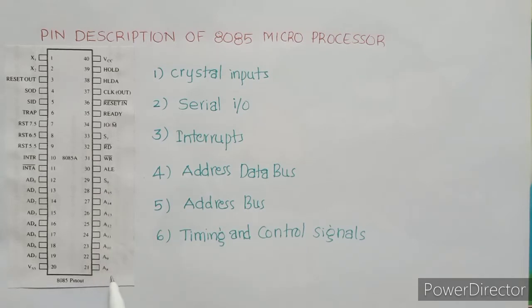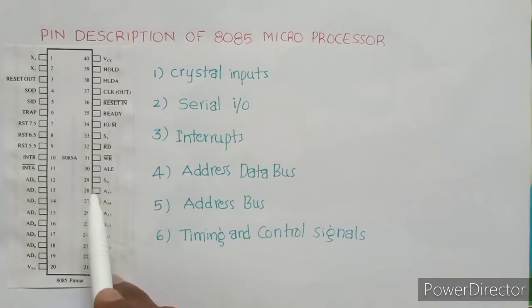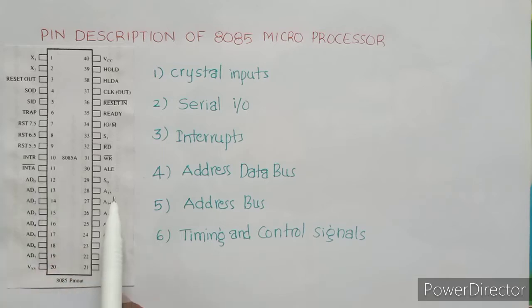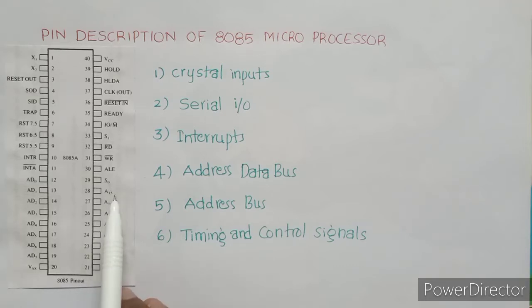This is the address bus only, whereas the 12th to 19th is the address and data bus.